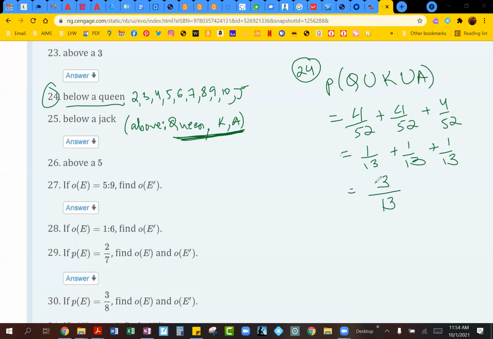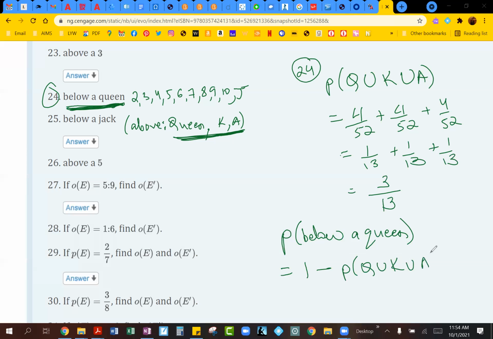So this represents everything that was not included in this category here from 2 to J. So now using the complement, we can calculate this as 1 minus the probability of these 3 events.